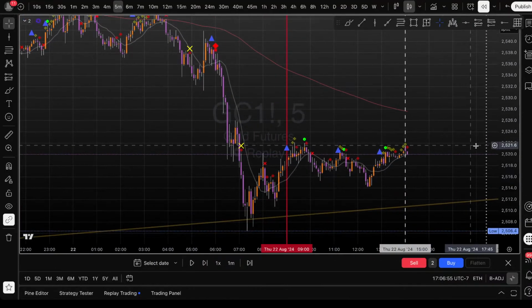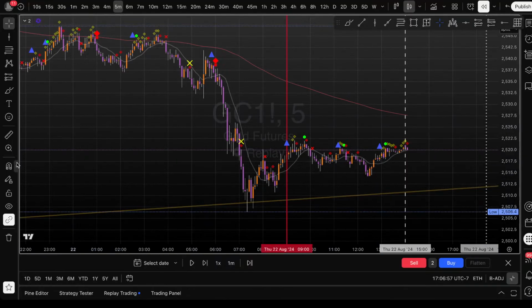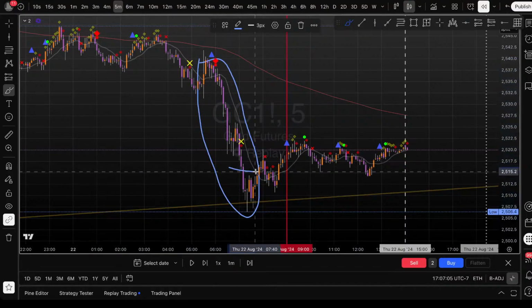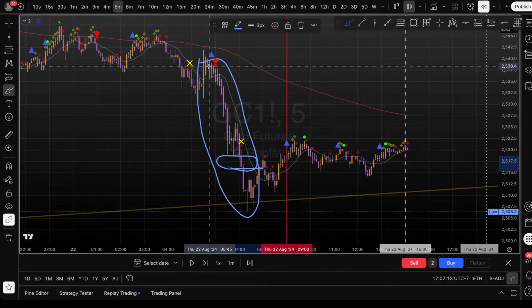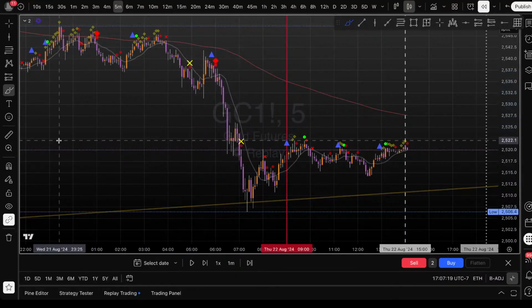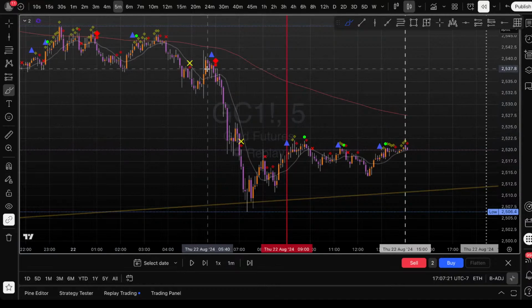We took this trade right here yesterday. Banger. Well, I guess we got out somewhere right here. And just a beautiful trade, folks. Look at that. It was like 200 ticks, I think.